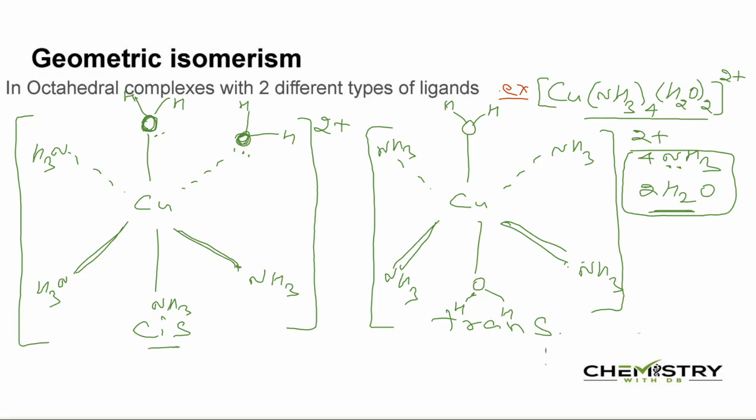However, if these 2 water ligands are on opposite sides, then that will give rise to a trans. So this is how geometric isomerism can happen when there are 2 different types of ligands, one with 4 of these, and the other with 2.